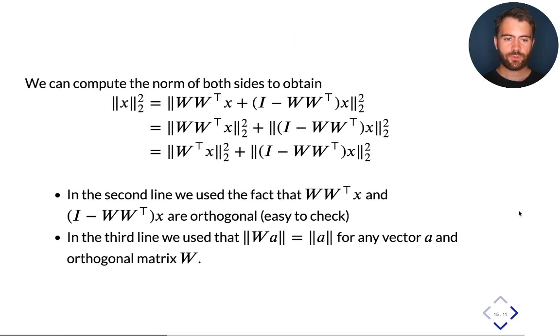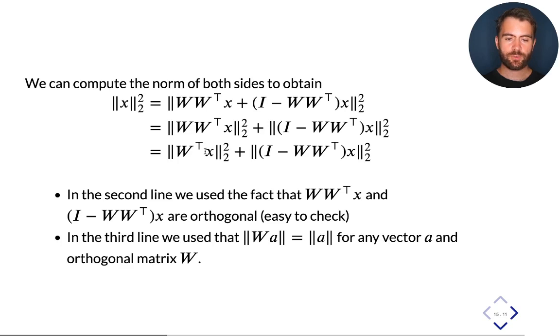So now if we have this identity, I can compute the norm of both the left and the right of what I had in the previous slide. This is what I do here on the first line. Then on the second line, I use the fact that they are orthogonal to say that the norm of their sum is the sum of their norms.